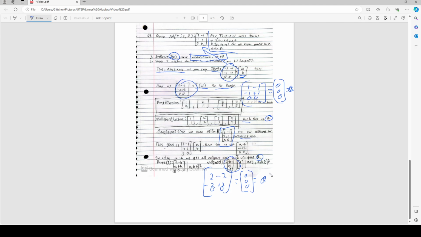And we know that one is 1 minus 1, negative 1, 1, 0 times AB, right? So we have the original matrix from MT times AB, and that would be A equals B, where A and B are all real numbers, so they have to be the same in order to give us identity.